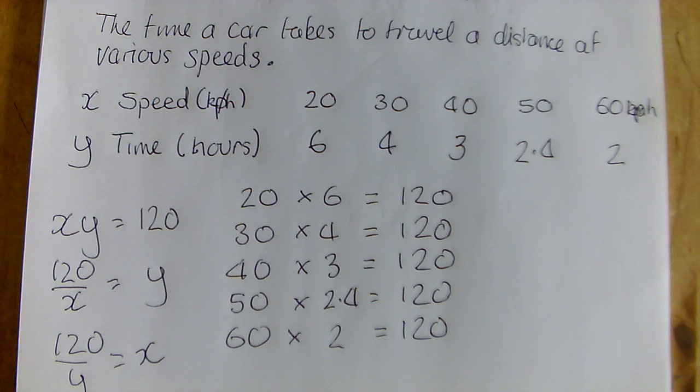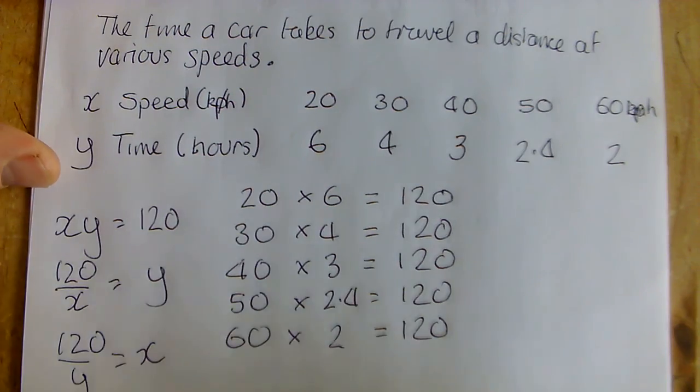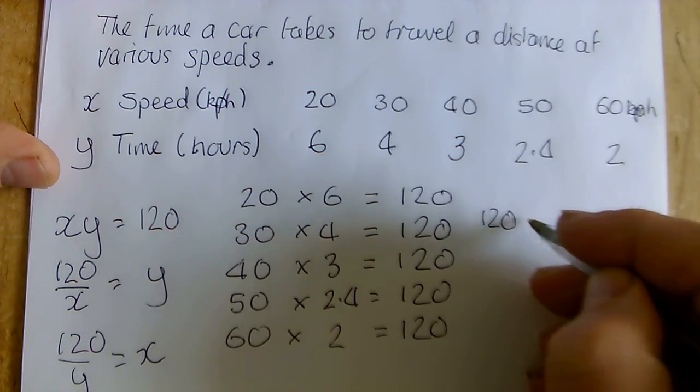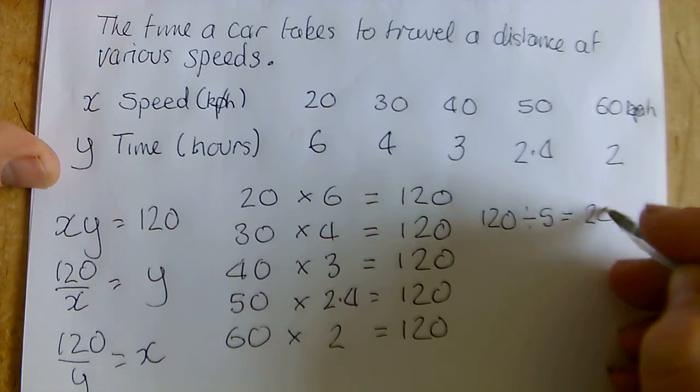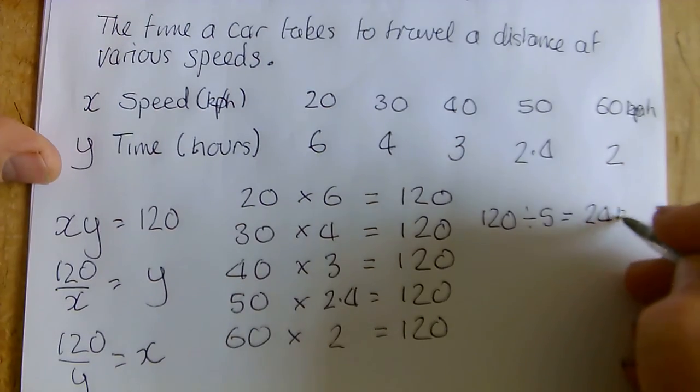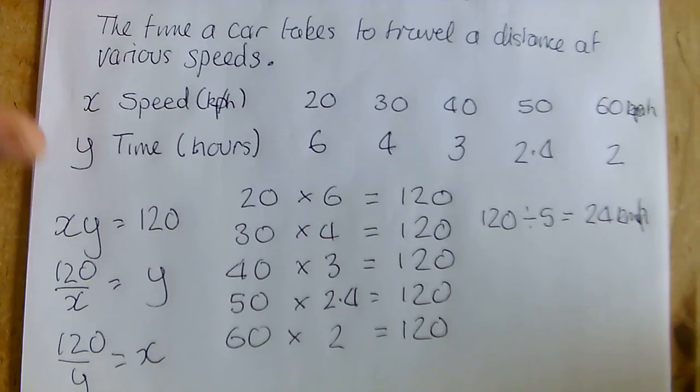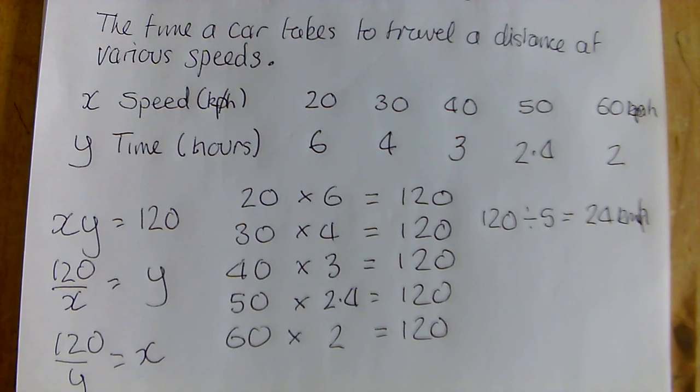So if I want to know what speed I have to journey at to get there in 5 hours, I can simply do 120 divided by 5, and that gives me the answer 24 kilometers per hour. I hope this explains what inverse proportion is, or makes it a little bit clearer.